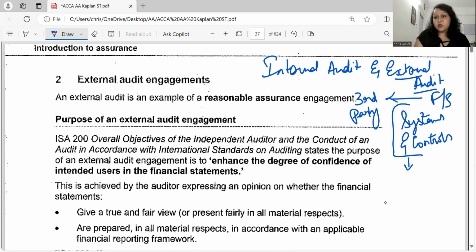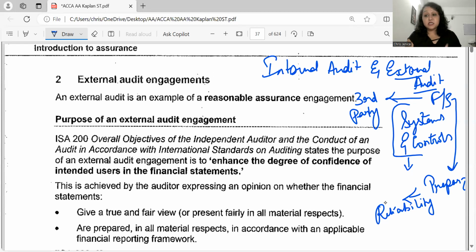Shareholders are the investors, and directors are the persons who are running the organization. So directors will be preparing the financial statements. Now, we have to assess the reliability of these financial statements because there is a chance of manipulation by the directors.